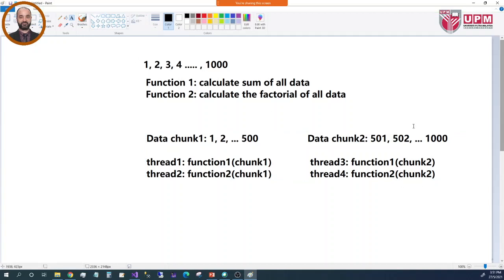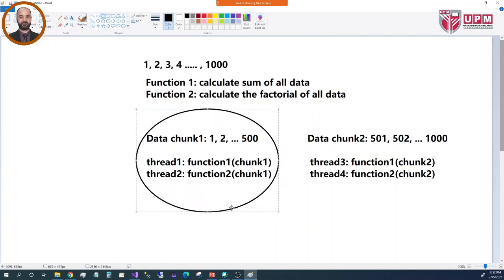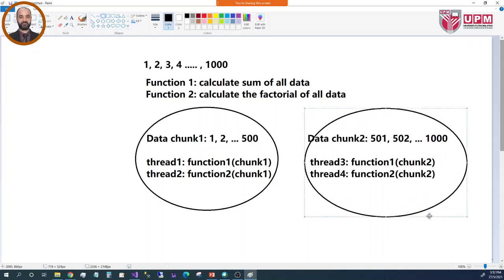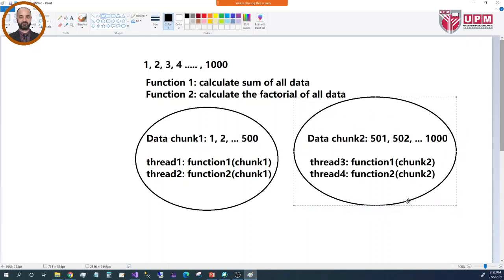So if you can see here, we have two types of decomposition. The first type is based on domain, because we separate the data into multiple domains, right? The first domain is from 1 to 500, and the second domain is from 501 to 1000.